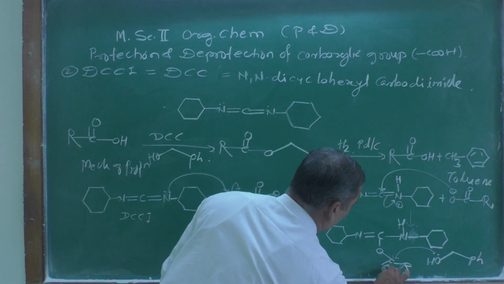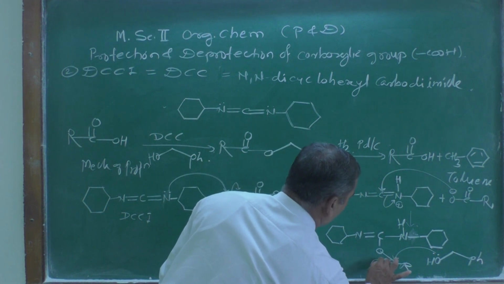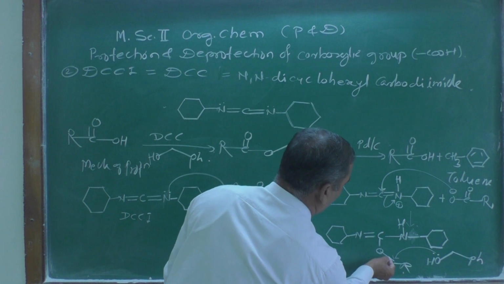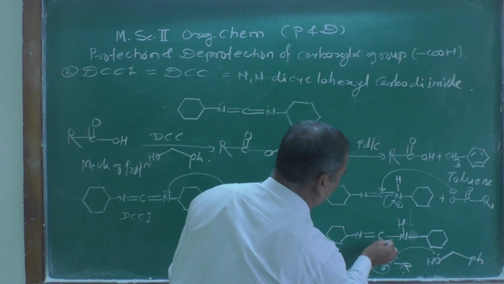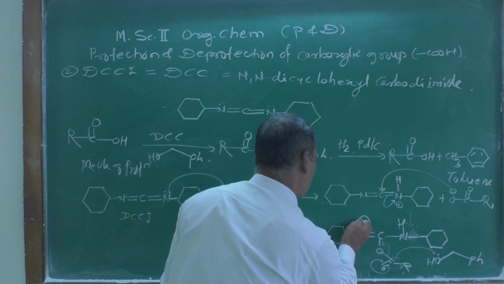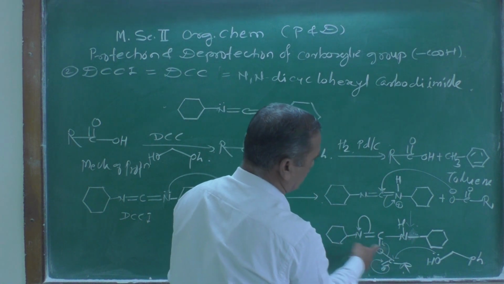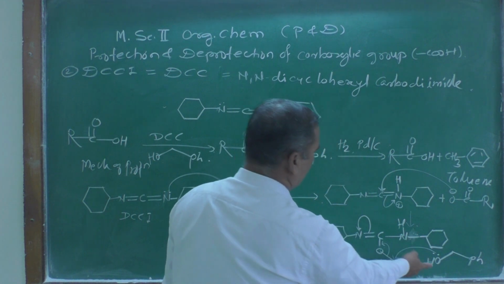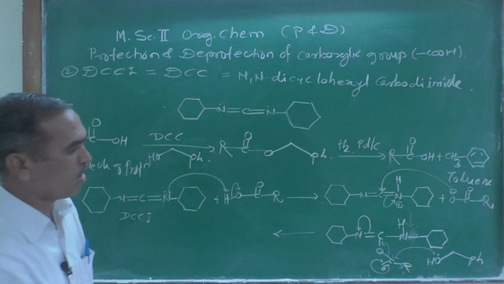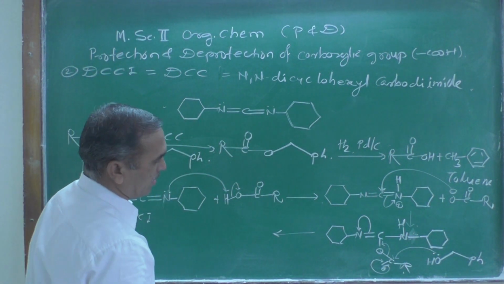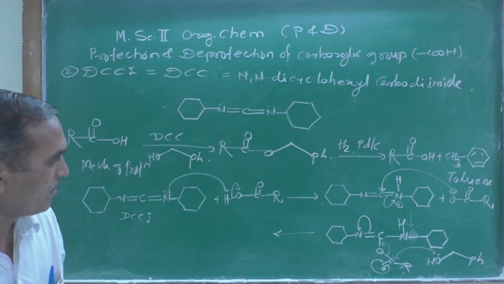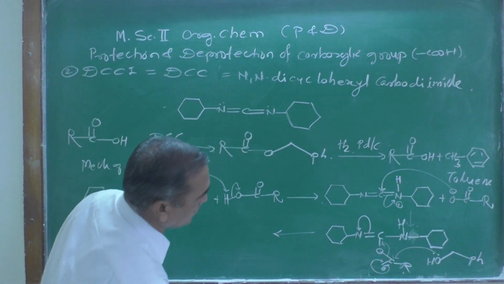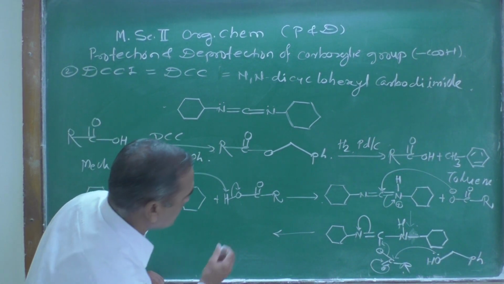This carbonyl group, this electron revolving around it, and then this double bond shifted from here to here, and this double bond again shifted from here to nitrogen, and one H from here goes along with that nitrogen, and then the product obtained here will be this one.